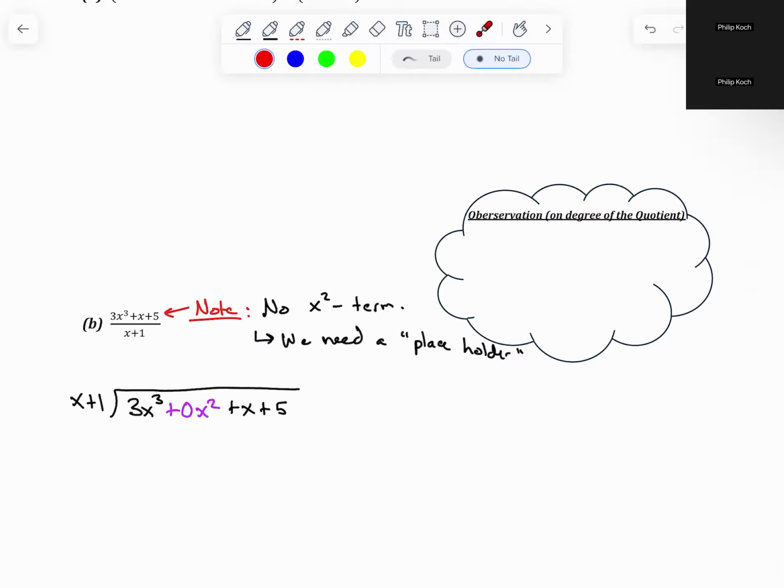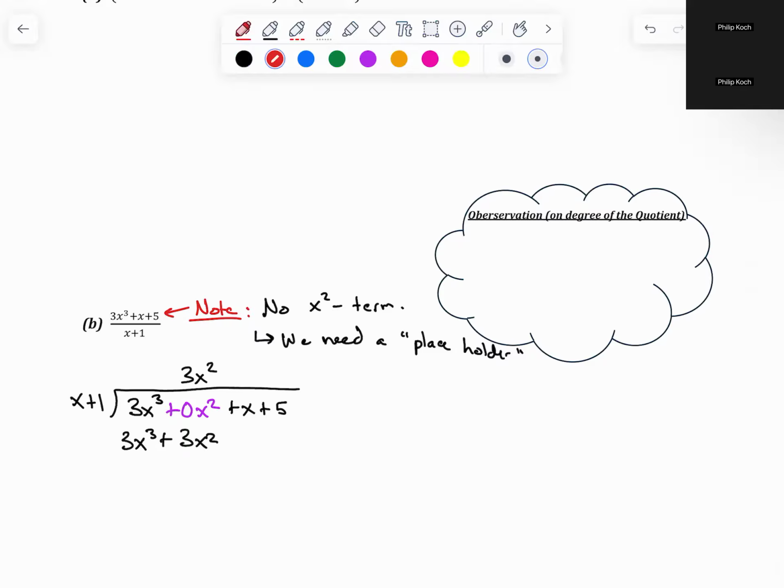How many times does x go into 3x cubed? Well, 1 goes into 3 three times, and x goes into x cubed x squared times. So we get 3x squared. Then 3x squared times x plus 1 gives me 3x cubed plus 3x squared.